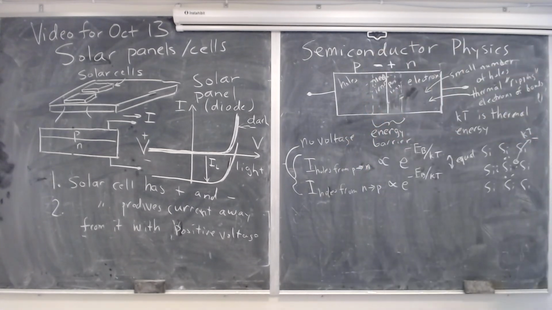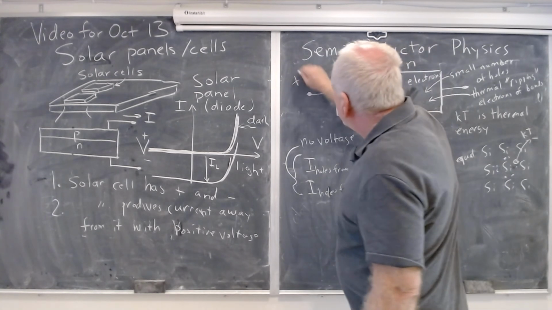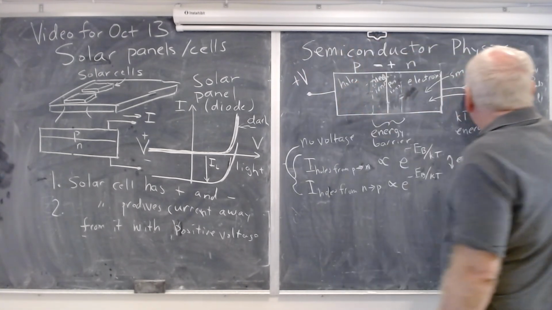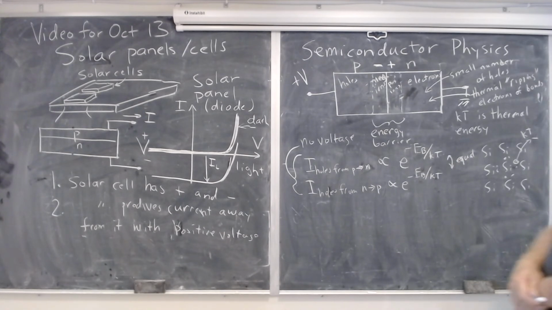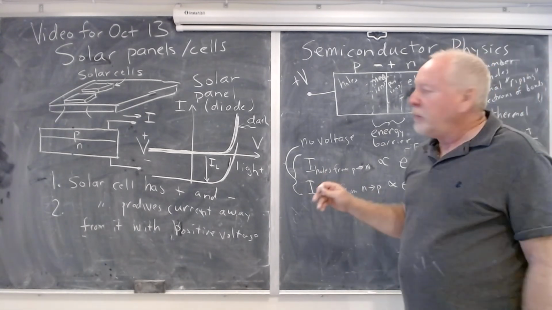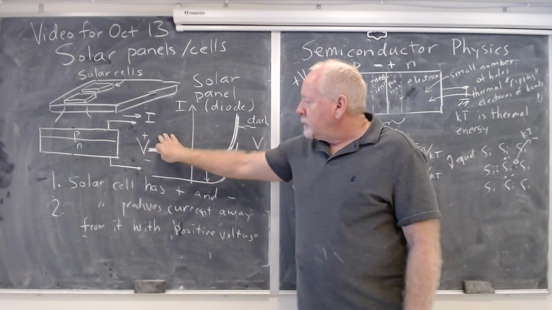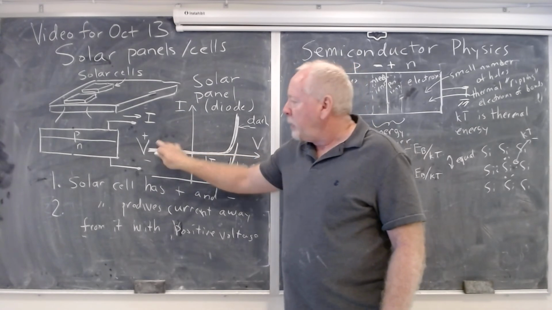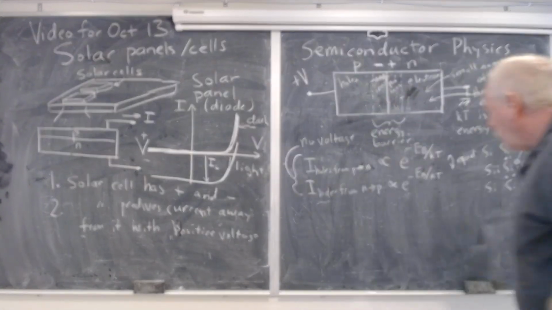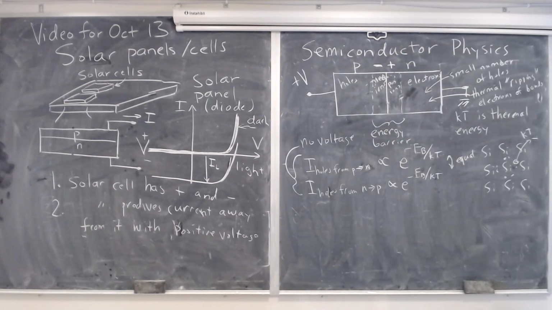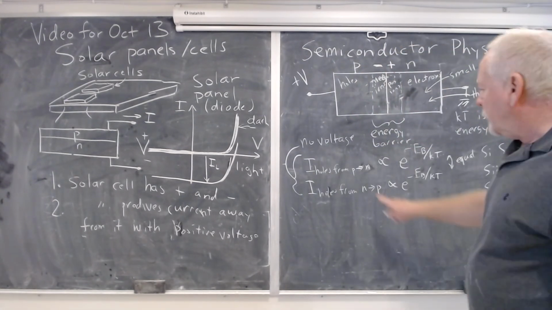Now let's say I put a positive voltage on here, and this one goes to ground. It's helpful to remember for diodes, positive means applying a positive voltage to the P side, P positive. All right, and now what happens? So this is with no voltage.